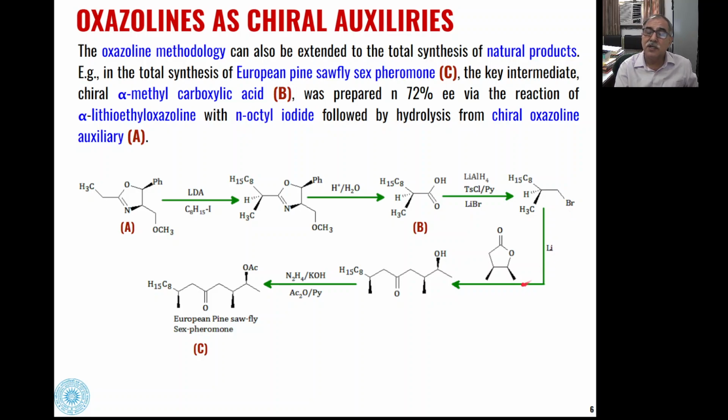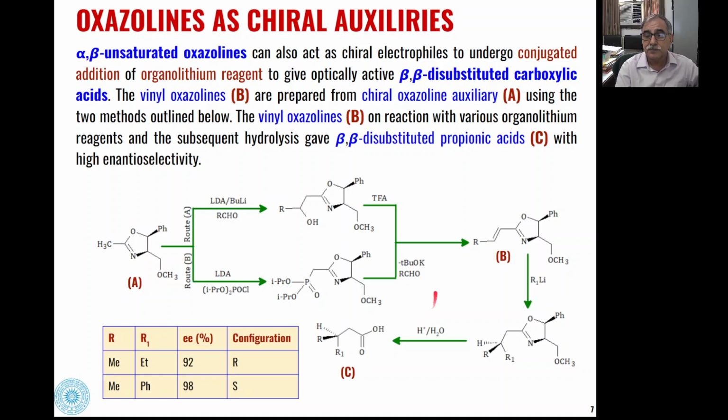And this alkyl halide on reaction with these types of lactone will lead to the formation of these types of sex pheromones on reaction with hydrazine and KOH. So reduction will take place and we will get these types of products.